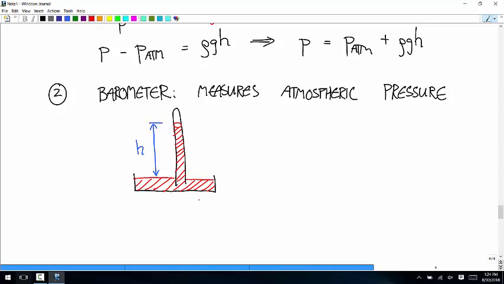The red is a liquid with a low vapor pressure, whatever temperature you're doing this at. Mercury is a good choice for this, and this liquid has a density rho.